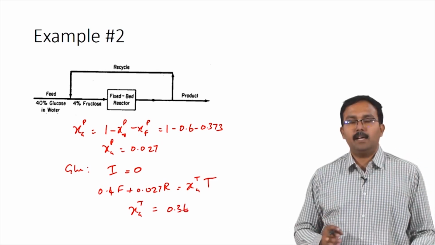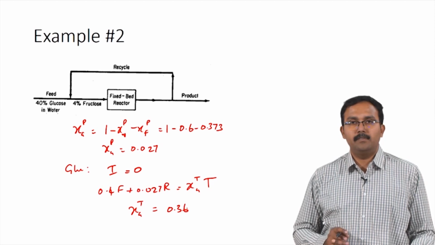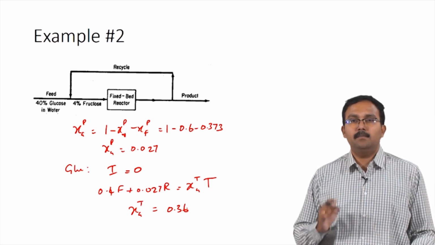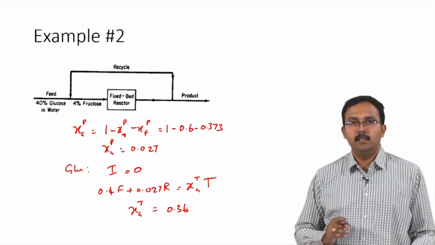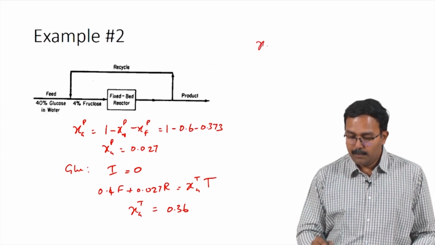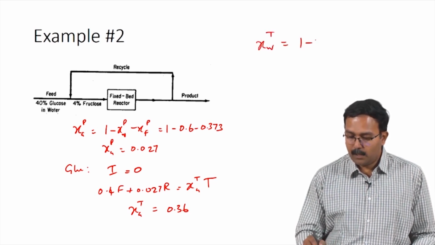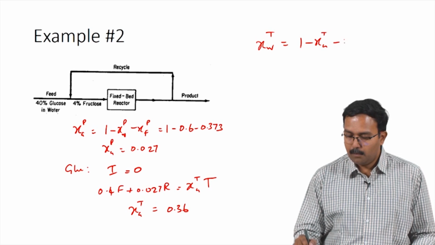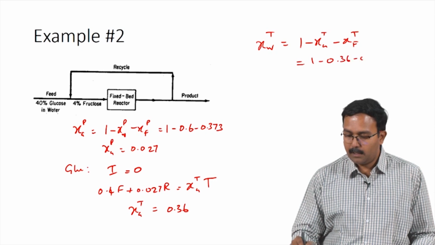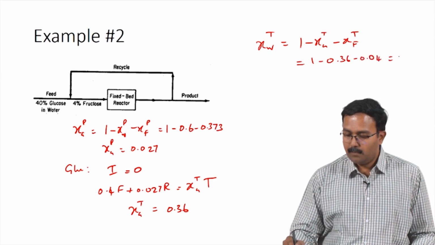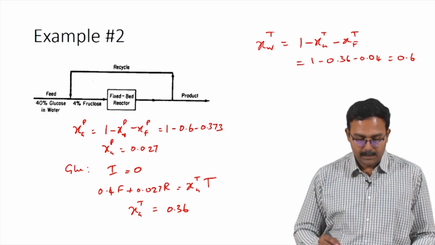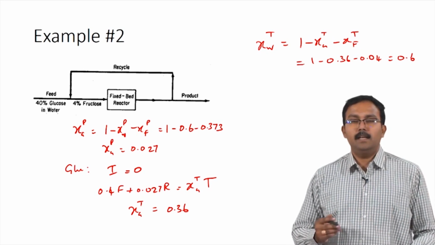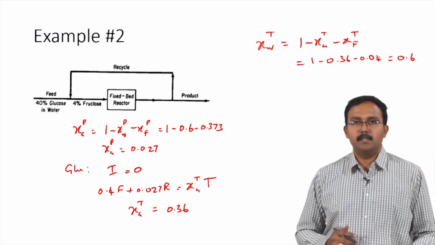As we have the mass fractions of glucose and fructose in the total feed, we can also calculate the mass fraction of water in the total feed. So, XWT equals 1 minus XGT minus XFT, which equals 1 minus 0.36 minus 0.04, giving a value of 0.6.